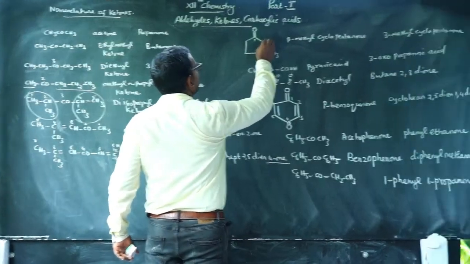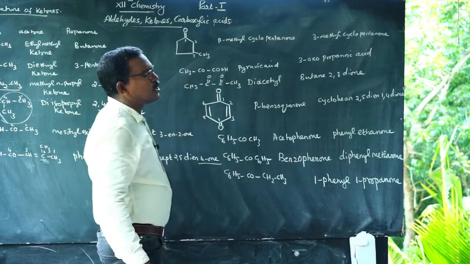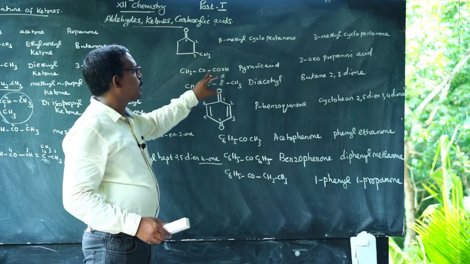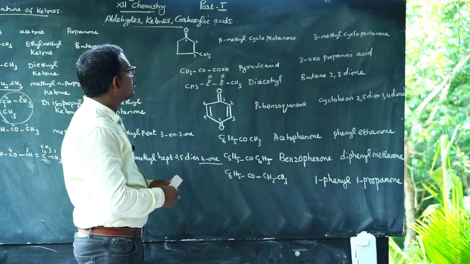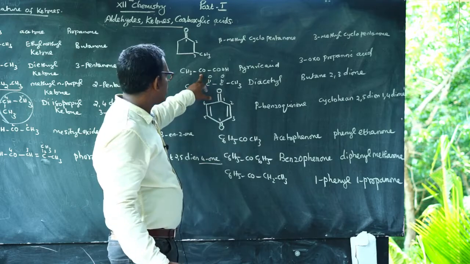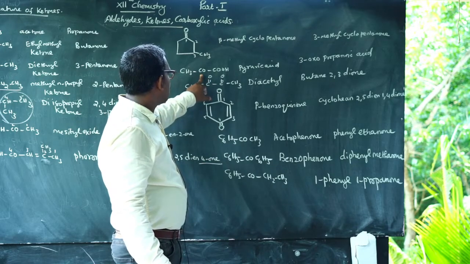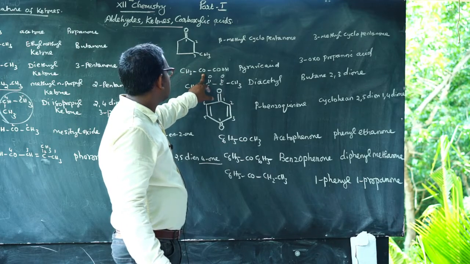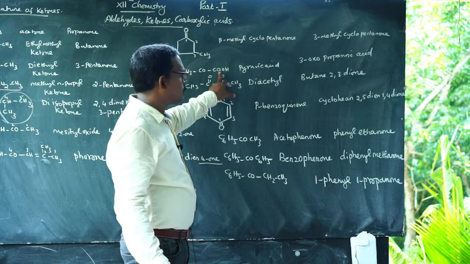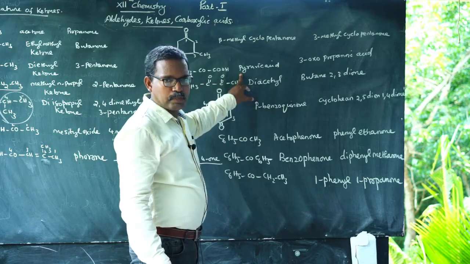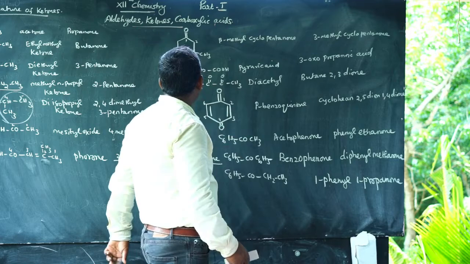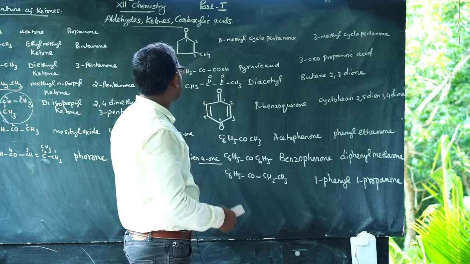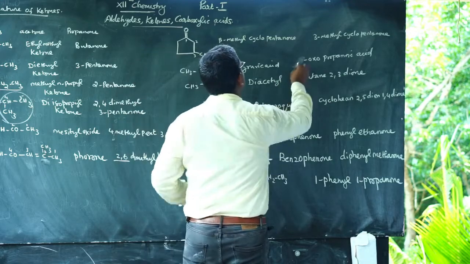IUPAC name of the compound: numbering 1, 2, 3, 3-methylcyclopentanone. This is pyruvic acid. The formula for pyruvic acid is CH3COCOOH. Its IUPAC name is 2-oxopropanoic acid.